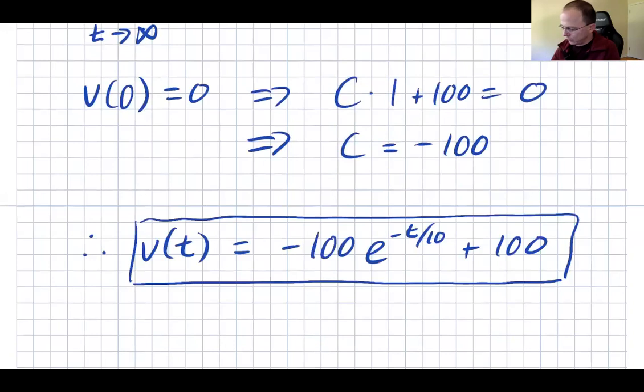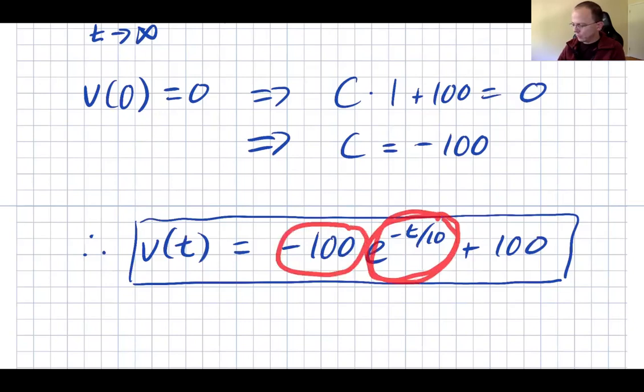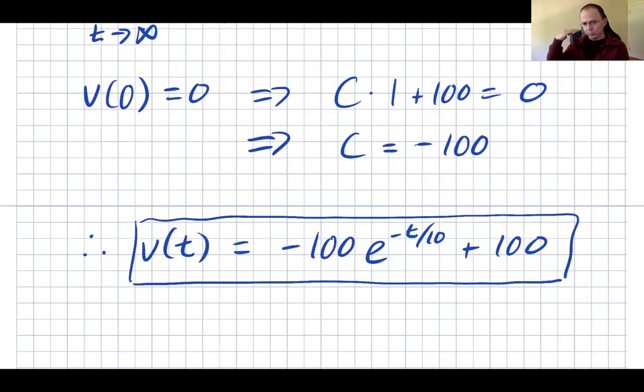Okay, so as I was saying, actually this term here is always going to be negative, because this term is always something positive. So something positive times something negative, that's always going to be negative. So we'll never actually be equal to 100, but we will approach it in the limit.